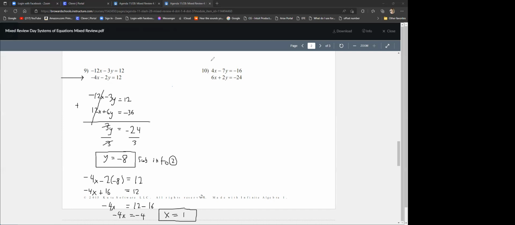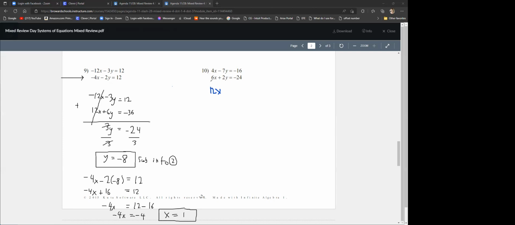You write it. So take the first equation and multiply it by 3. Multiply each term by 3. What's 4x times 3? 12x.